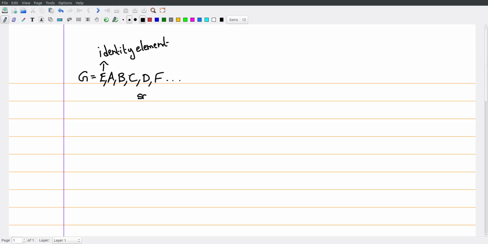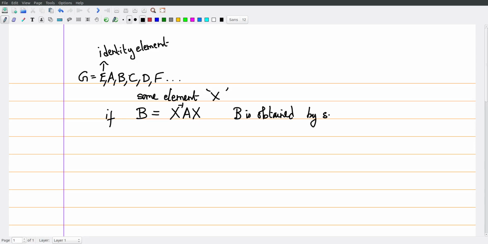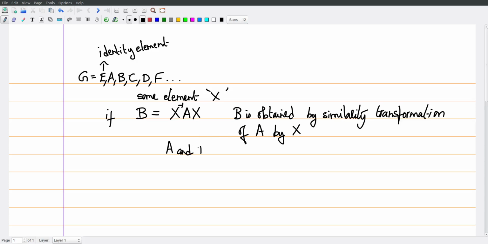Let's take some element X. Now if we do an operation with A like this, and if we get result B, we say that B is obtained by similarity transformation of A by X. We also say that A and B are conjugates.